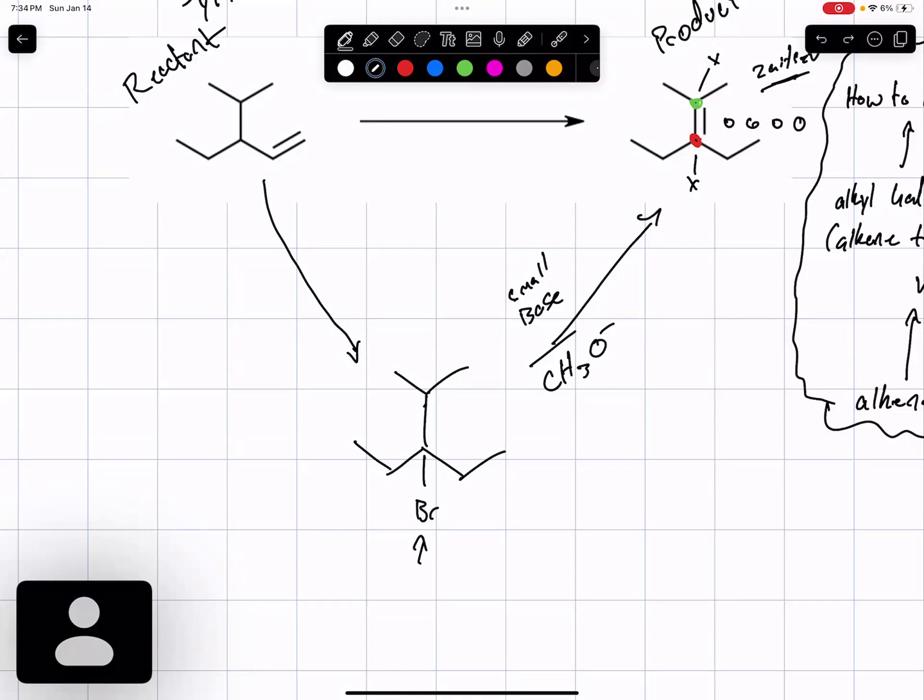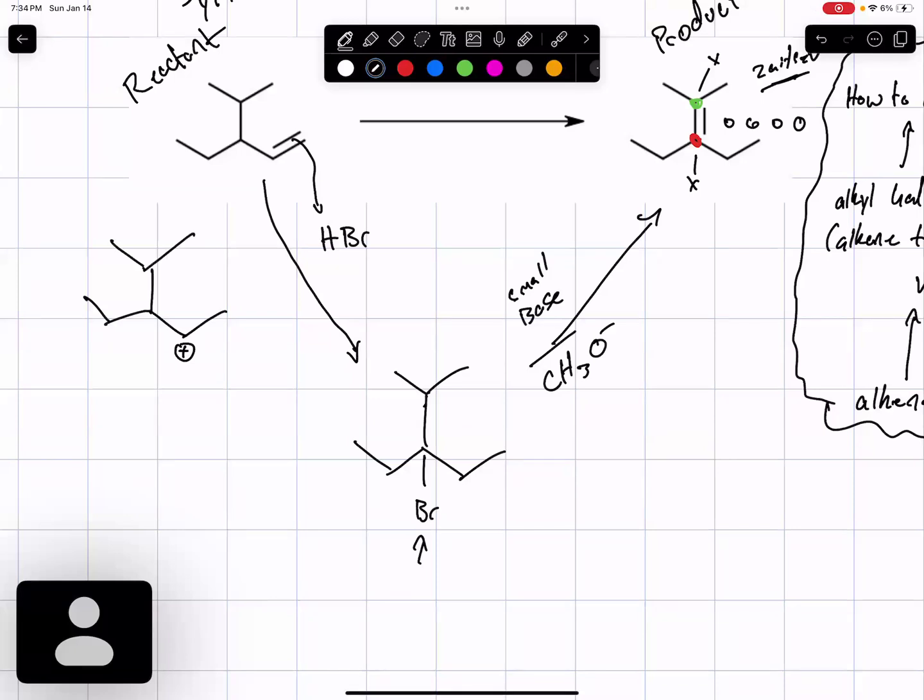HBr. Yes. Because if it's HBr, guess what? We would have this alkene pick up a hydrogen, and originally you would have had a positive charge here, correct?